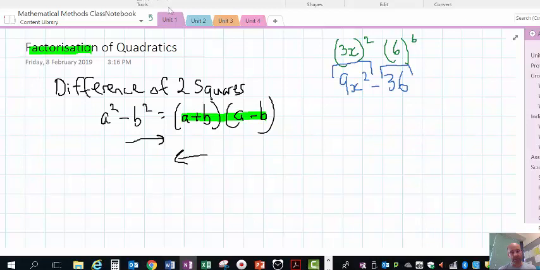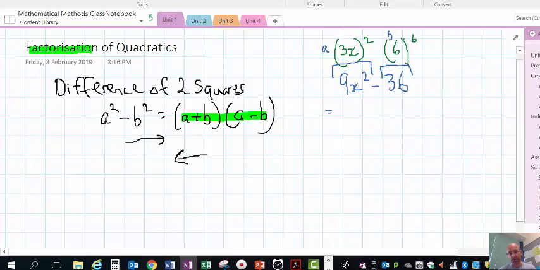So if we apply the pattern that we can see there on the left of the screen, 9x squared minus 36, we've got a and b essentially, and we've got a plus b, which would be 3x plus 6, times 3x minus 6, and that's factorized.